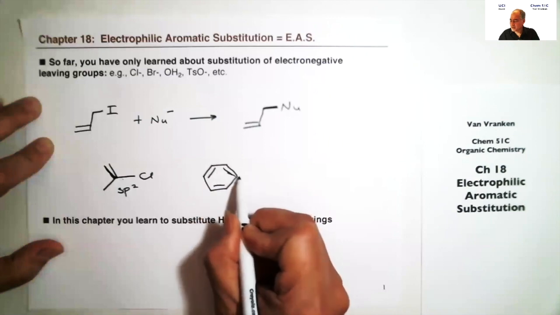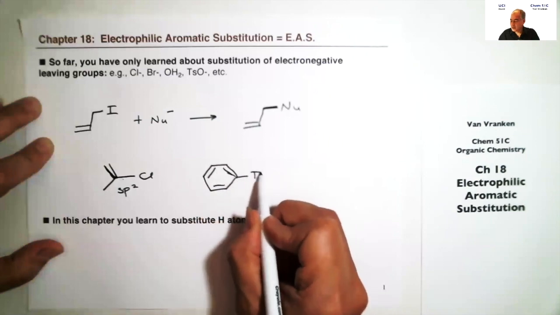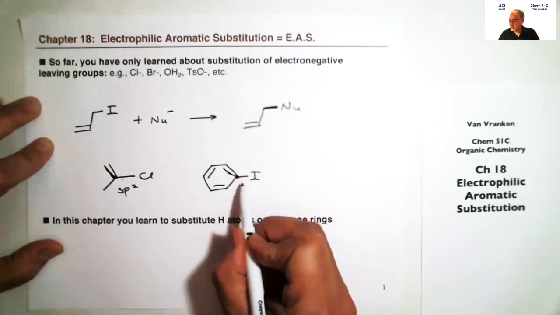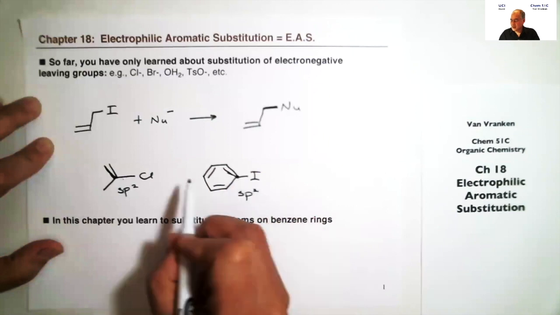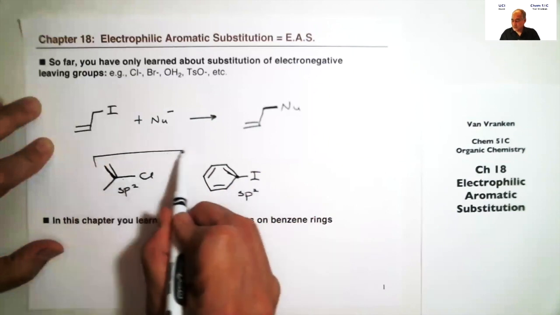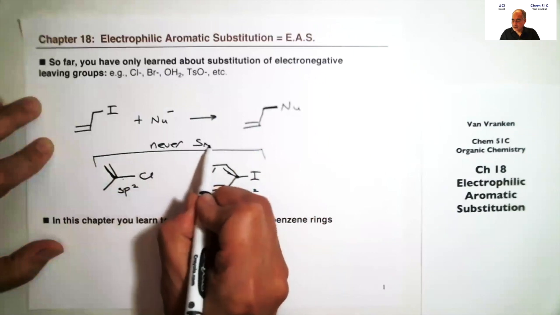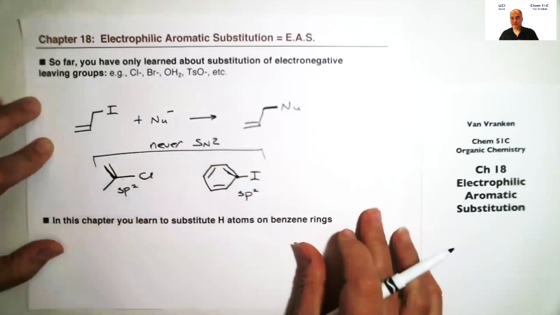So you would never do SN2 substitution, even with the best leaving group here, an iodide. You would never do an SN2 substitution on these types of substrates. So I'll just write never SN2. So we never do that.